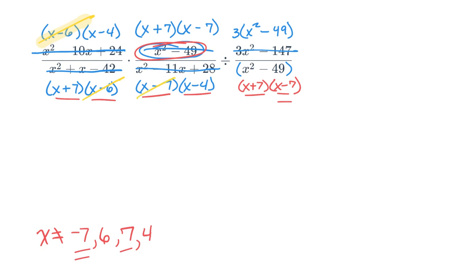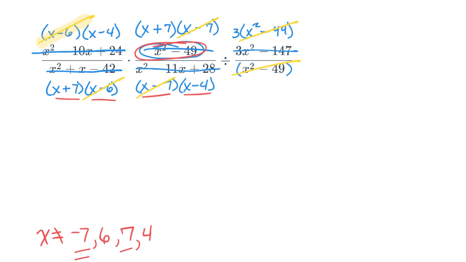I have an x minus 7 divided by x minus 7. Those cancel immediately. And then the one that I really liked because I could cancel an entire binomial, x squared minus 49 over x squared minus 49.